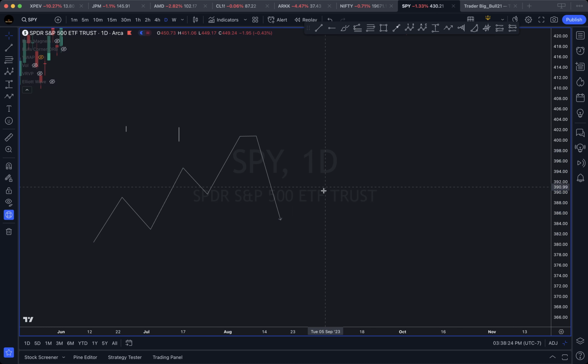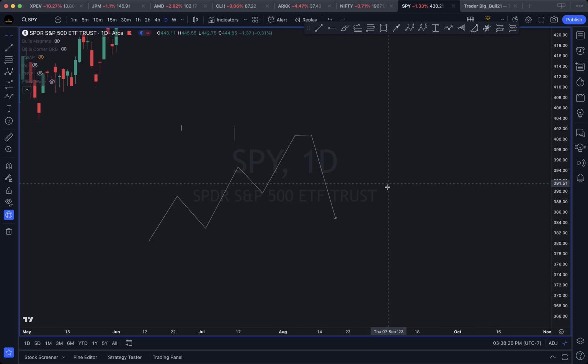At this point, what would be a good supply zone in this level? This would be my strong supply zone. The reason is because the sellers at these highs were strong enough that price made new lows. They broke this prior low here.